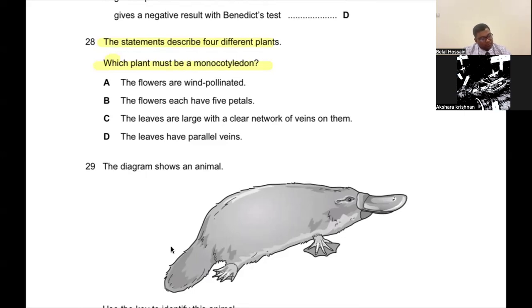So monocotyledons are the ones which can have flowers, right? Monocots have flowers, of course.